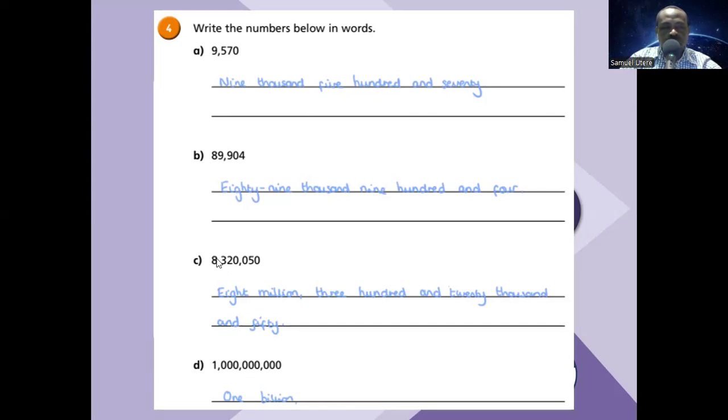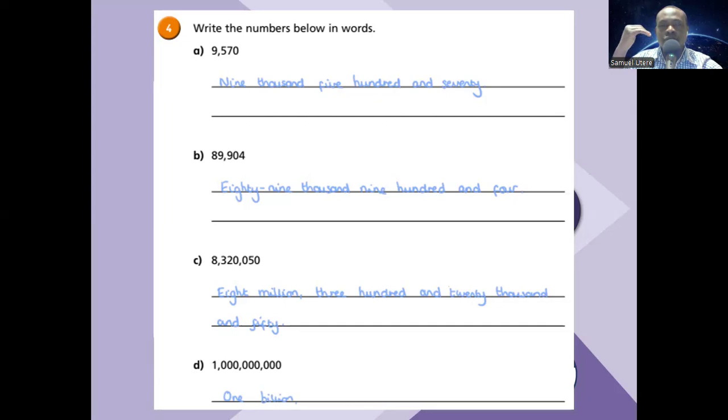Then here you have 8 and you have 6 digits coming after the 8. So you know, okay, I'm going to be reading 8 as million, so 8 million. And then you know, after million, the next thing that comes is thousand. So you know, groups of 3. I have 320, so I'm going to have to read that as thousand.